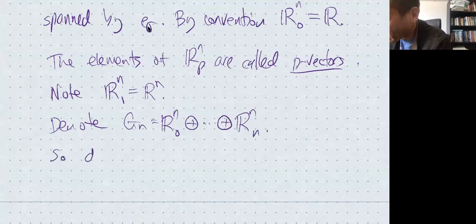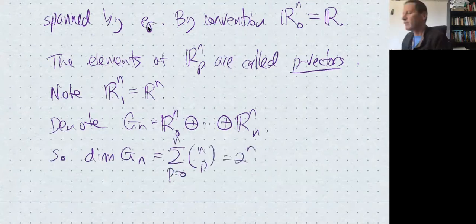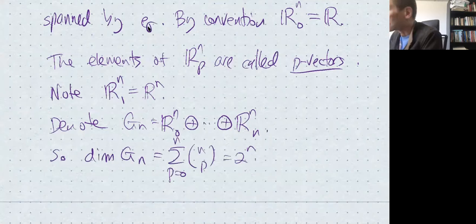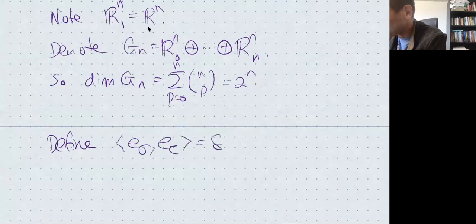So the dimension of G sub n is the sum over P of n choose P, which is 2 to the n. So we have a 2 to the n dimensional vector space, which we call G to the n. And on it, we put an inner product, it's the inner product that makes these formal symbols orthonormal.